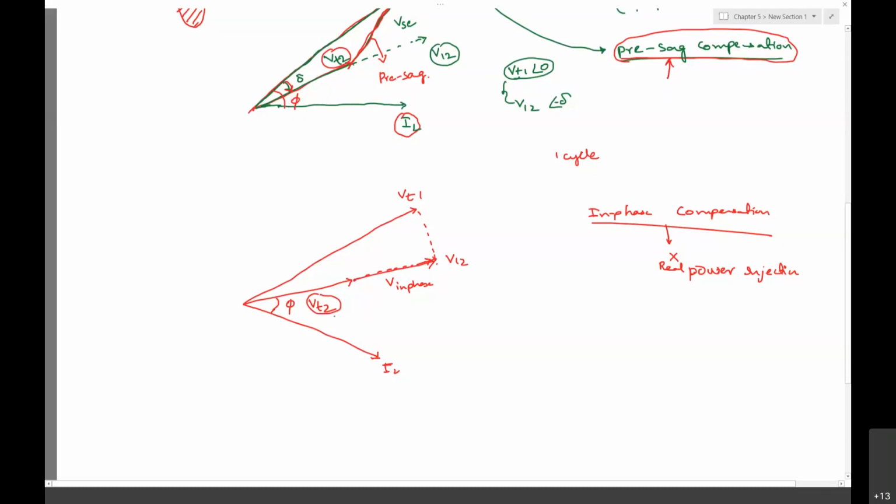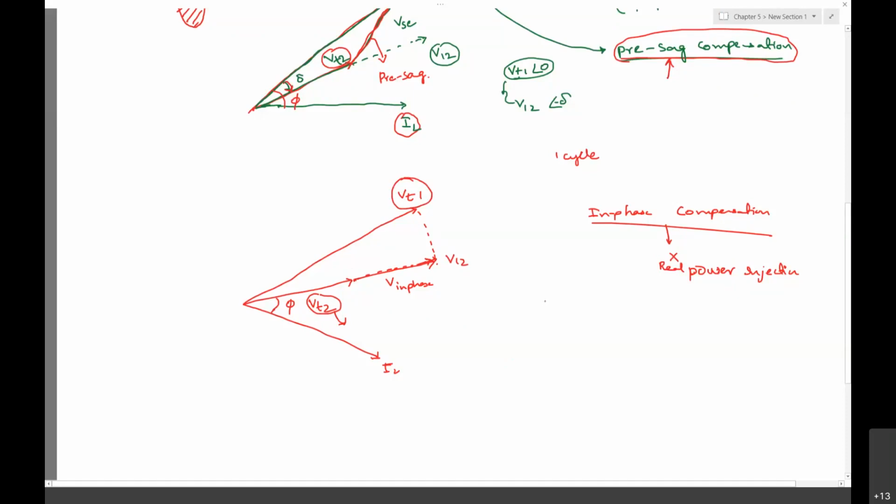That means the VT2 voltage was because of the fault. Once after isolating the fault and bringing the system back to a healthy condition, the VT2 voltage is going to take the phase of VT1.